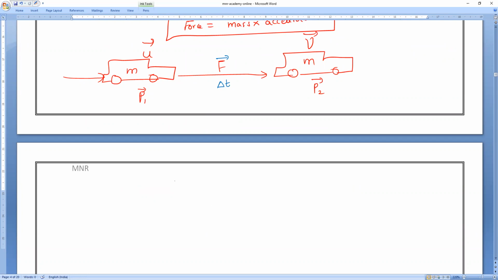Now, what is the change in momentum in a time period delta t? Change in momentum means final momentum minus initial momentum.